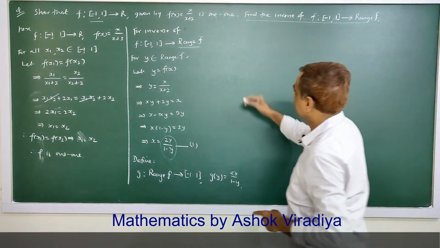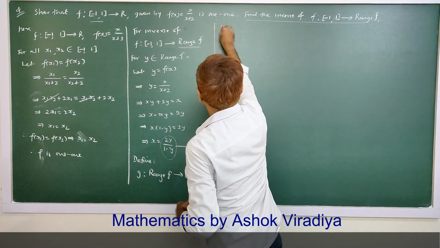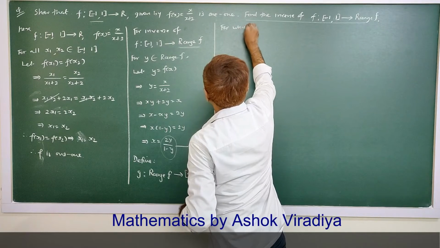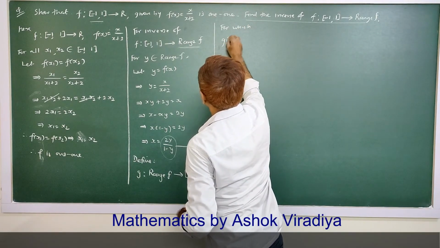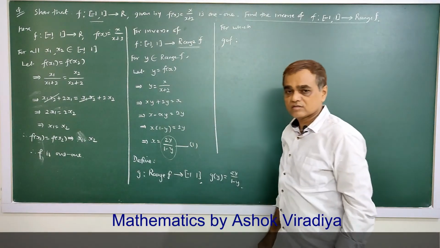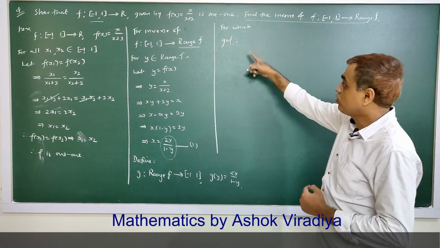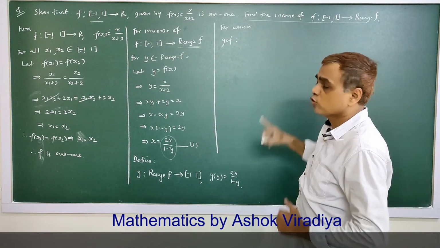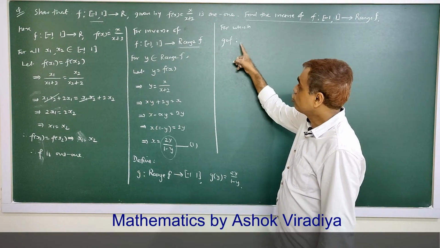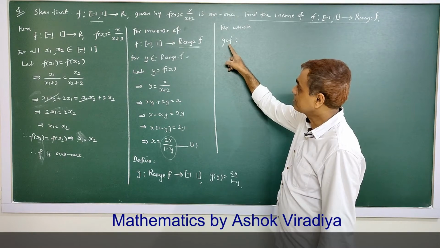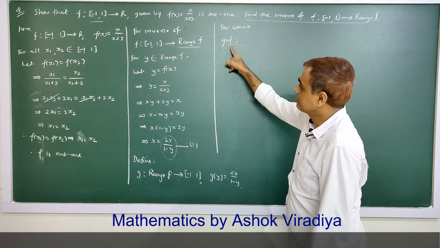So we find g∘f. Now for g∘f, how to put domain and codomain? Here we put the domain of the first function. What is the domain of f?